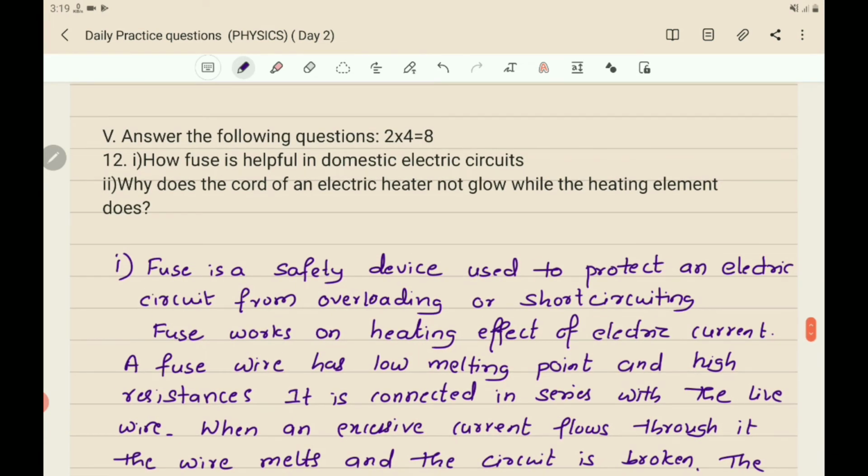In this way, fuse is helpful in domestic electric circuits.